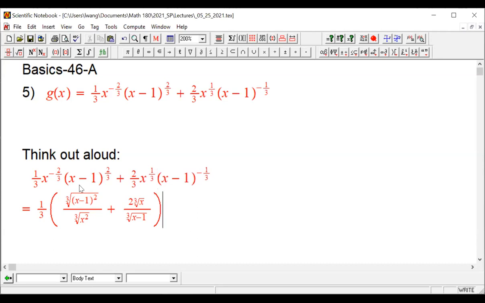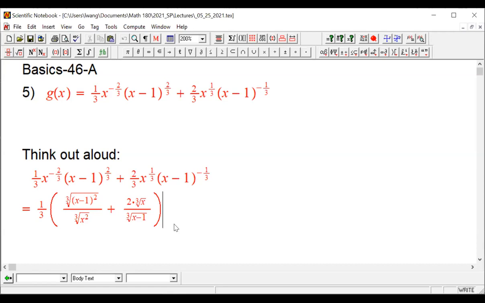Do you guys agree with these changes? This guy goes here and that guy stays on the top. And this is 2 times the cubic root of x minus 1.